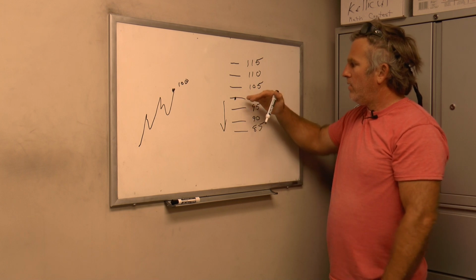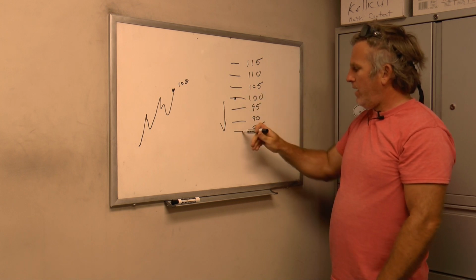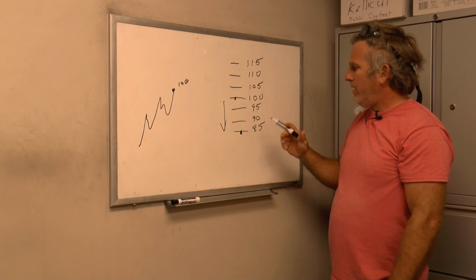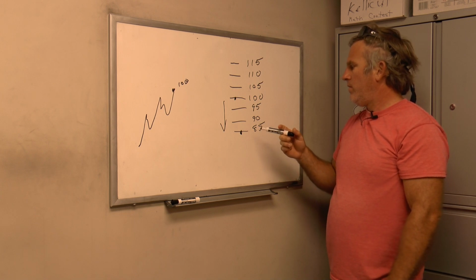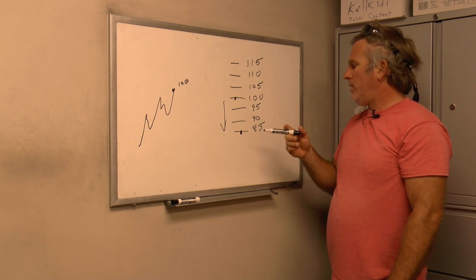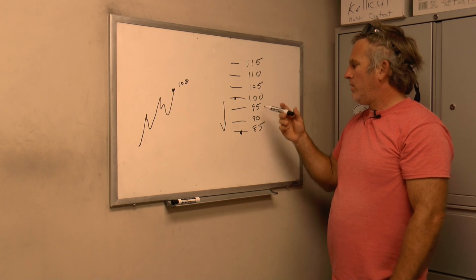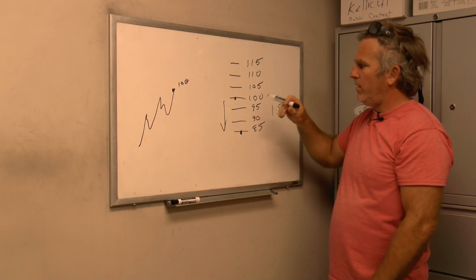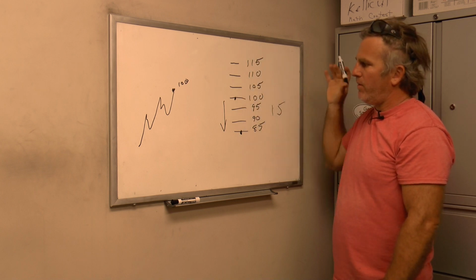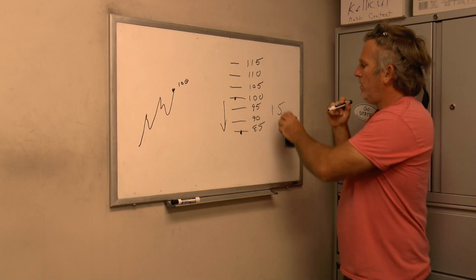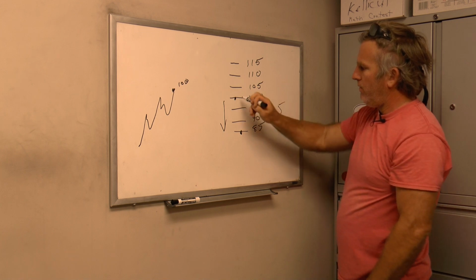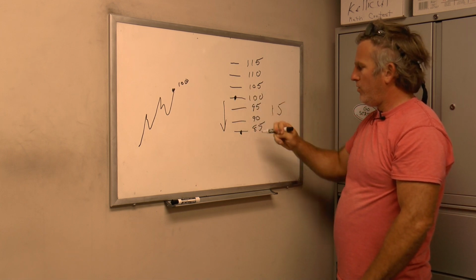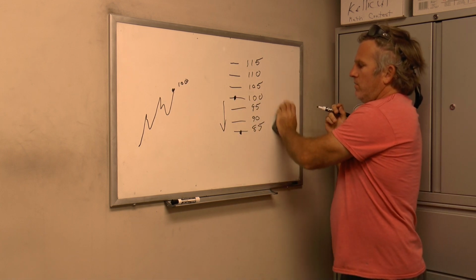If you bought an 85 call, it's going to be more than what? 100 minus 85 is 15. It's going to be more than $15, no doubt, because there's the time premium and all the probability of it going way up above has to be factored into the price. So the intrinsic value of buying a call option at 85 is $15, right?